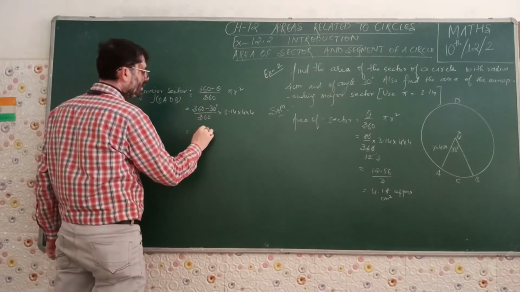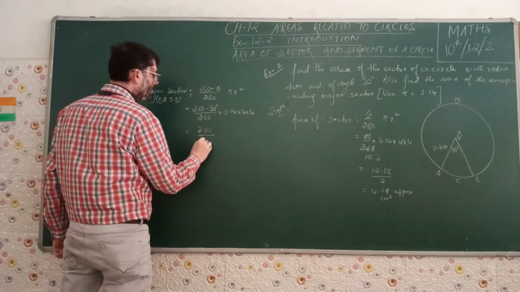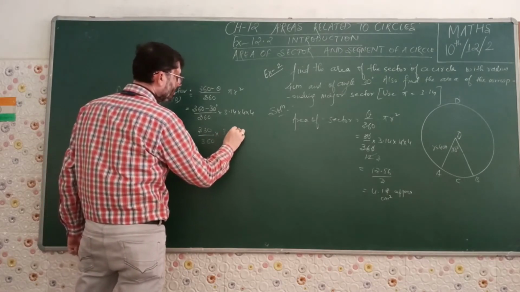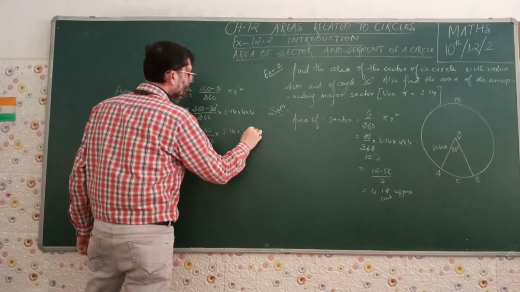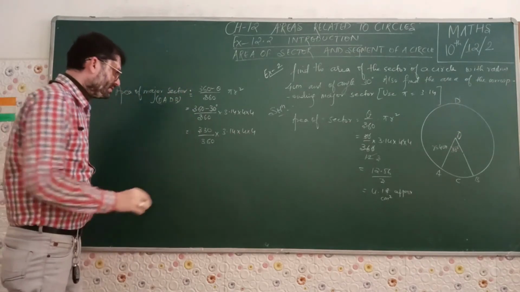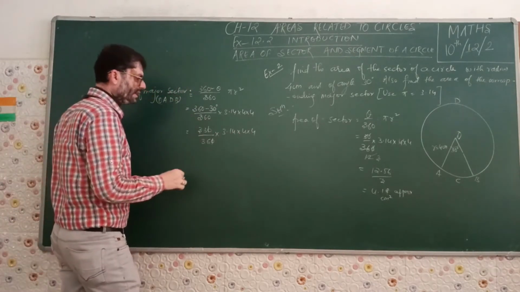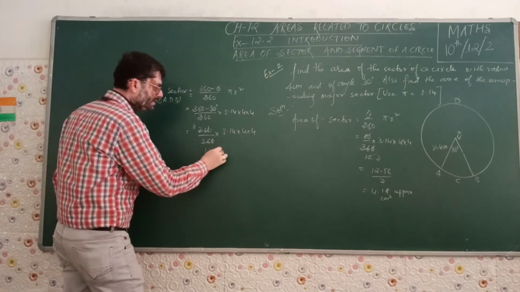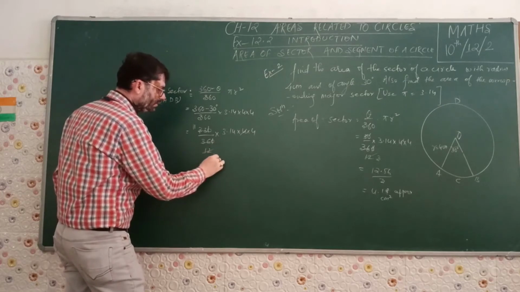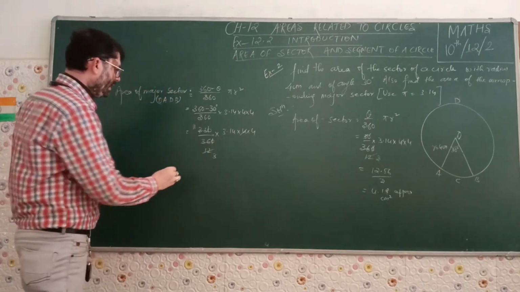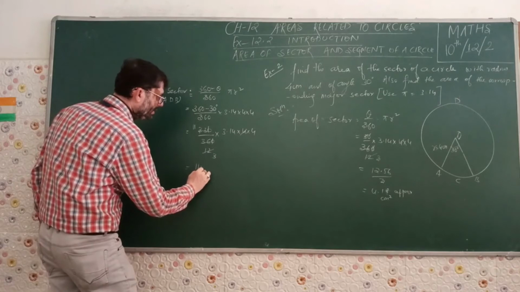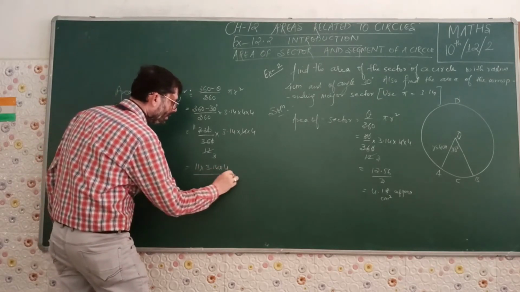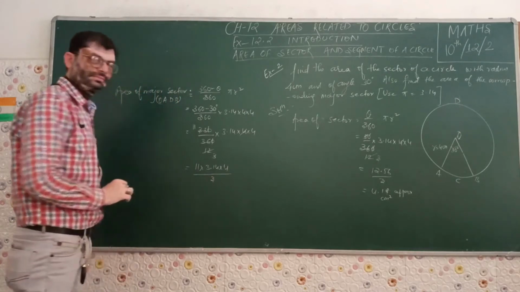This is 330 upon 360 into 3.14 into 4 into 4, and let us simplify it. 0 cancels. 3 11s are 33, 3 12s are 36, and 4 3s. So we have 11 into 3.14 into 4 by 3.